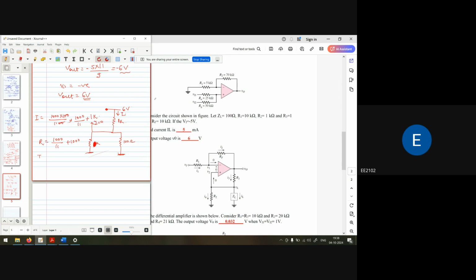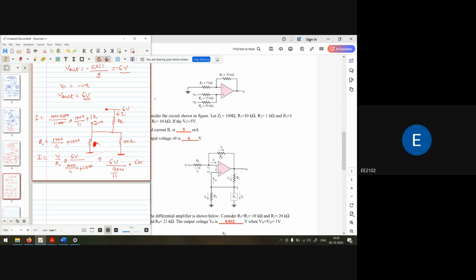Okay. Current I is V by R. V is 6 volt upon 1000 upon 11 plus 1000. So 6 volt upon, if I take an LCM of 11, 1000 plus 11,000 is 12,000 by 11.